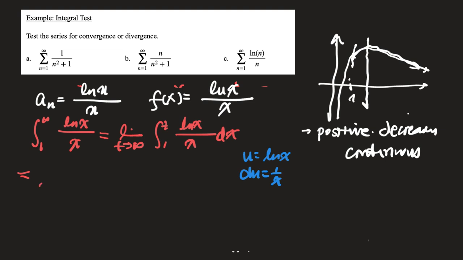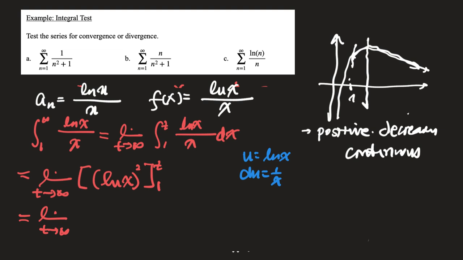Then this is the limit as t approaches infinity of ln t squared minus ln 1. As t approaches infinity, ln t goes to infinity, so it diverges. Our conclusion is this infinite series diverges.